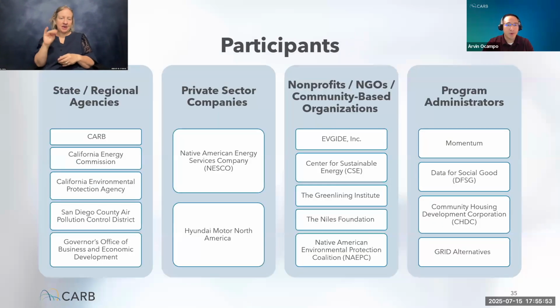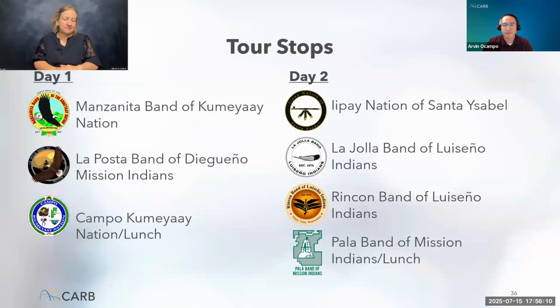Here's a slide to give you an idea of who else participated in the tour. It brought together state and regional agencies, private sector representatives, nonprofits, and CARB program administrators. Next slide, please. And here's the final breakdown of the tribes that we visited each day.